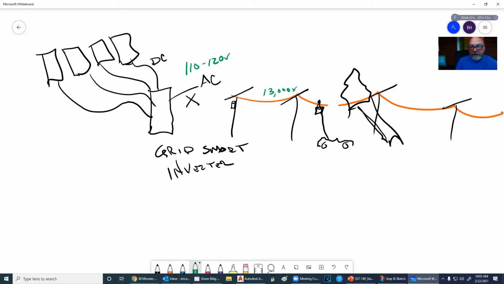So this steps it down to the 110, 120. However, if it's going in the opposite direction, it steps it back up to 13,000. So old Fred here, he's going to put these two lines together, and it's going to knock the piss out of him, and it's going to kill him. So that's why we have a grid smart inverter.